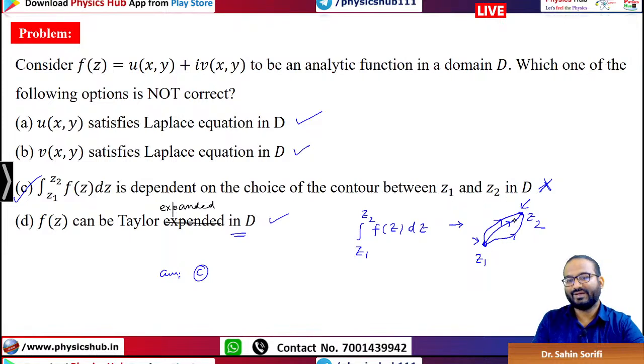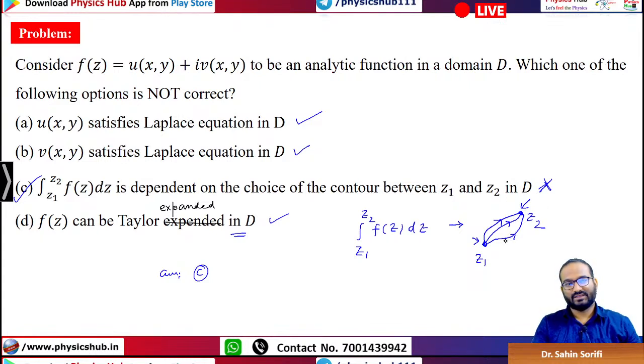So it is independent of the choice of the contour between z1 and z2. Got it? In vectors also we have considered this kind of thing for a conservative field. The value of the line integral depends only on the initial and final point.